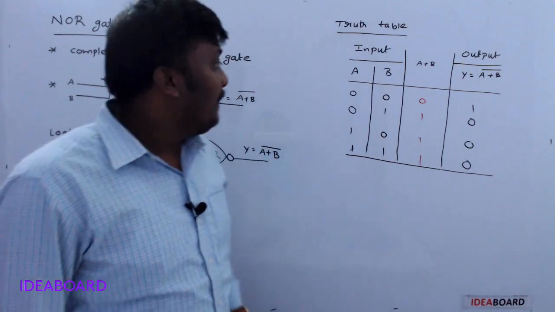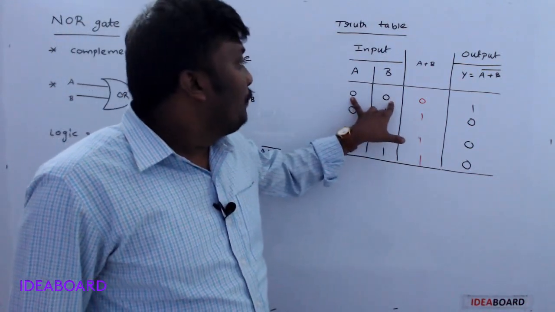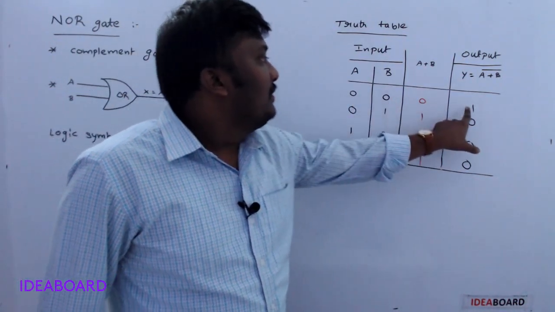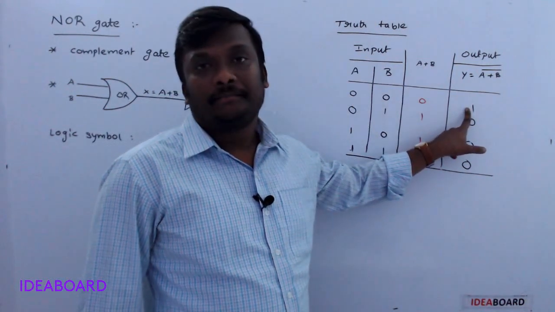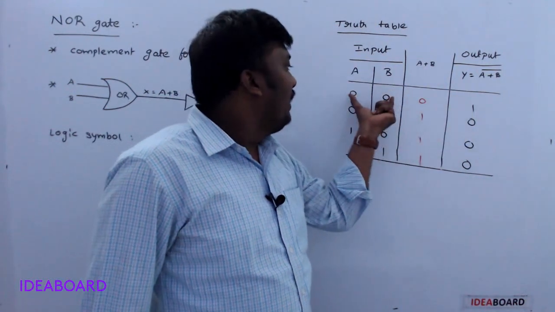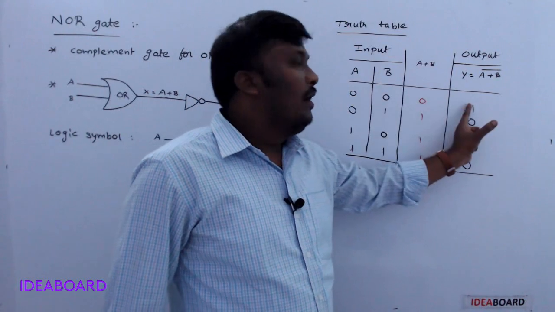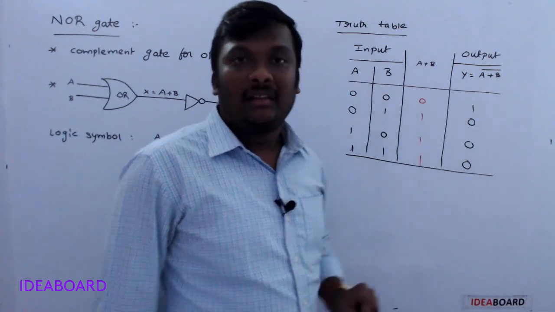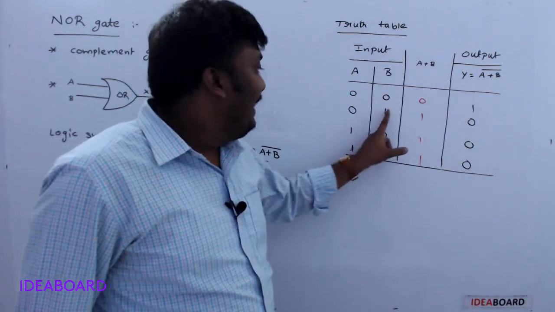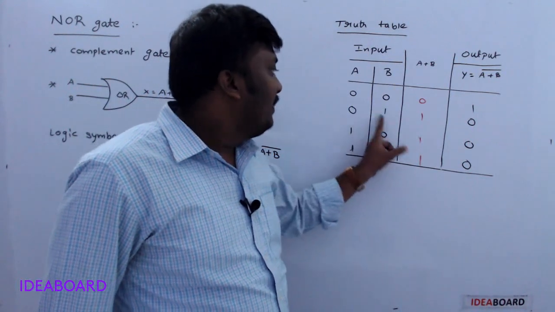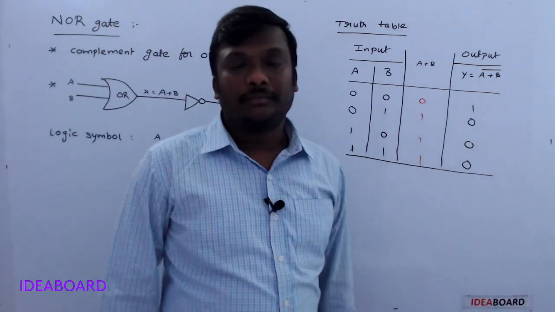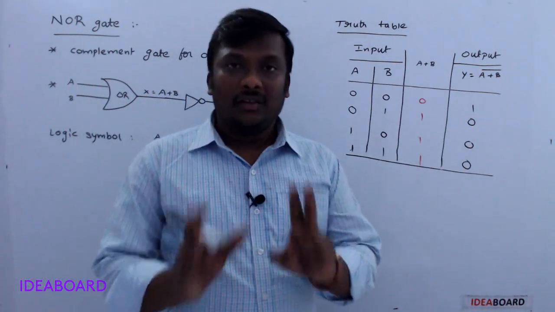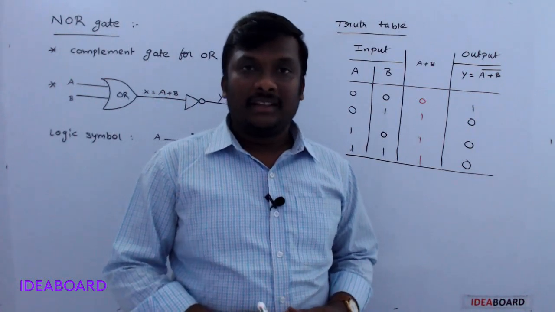Another statement, all inputs are low, then only output is high. Clear now? Two statements. Understand?